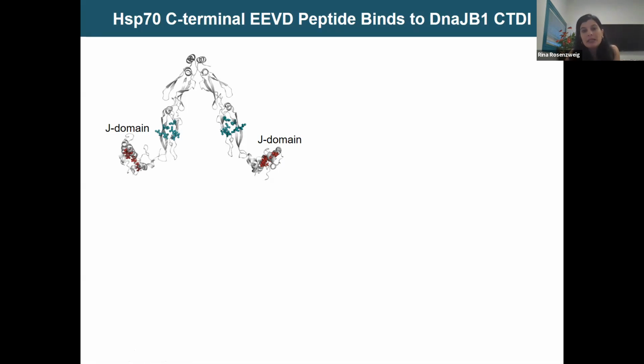Or in fact, maybe the J domain itself is found much, much closer, almost docked onto the CTD1. And just to remind you again, we don't have a crystal structure of the full-length protein. This is just a model generated based on the structure of a bacterial protein. So we wanted to test whether maybe the J domain in fact comes close to CTD1.